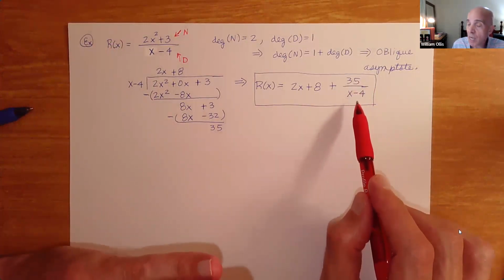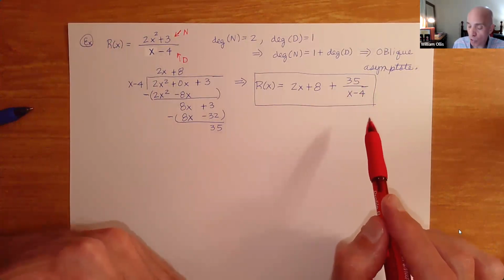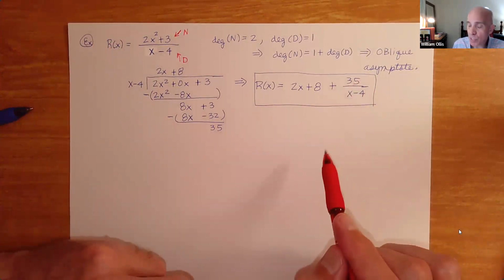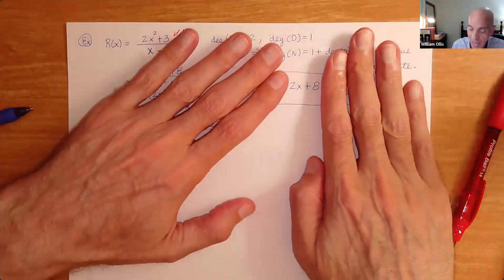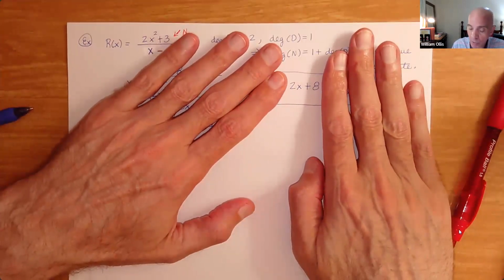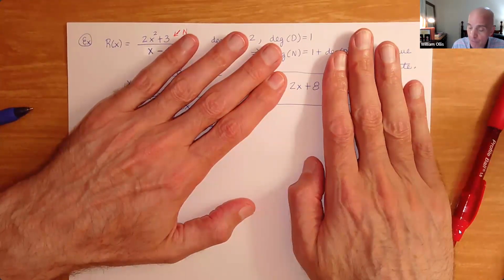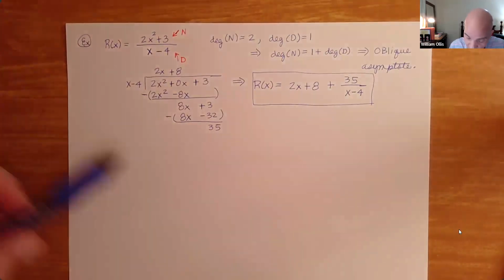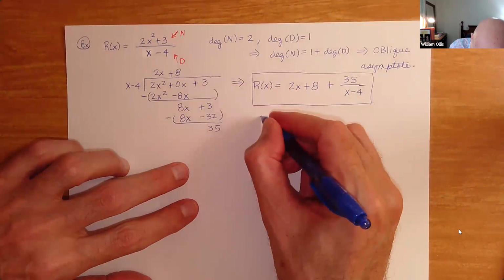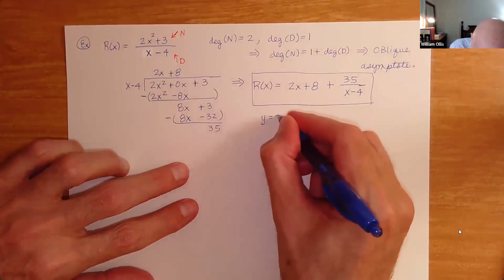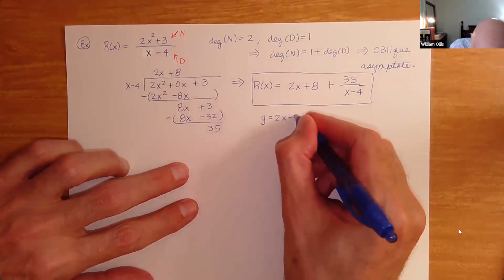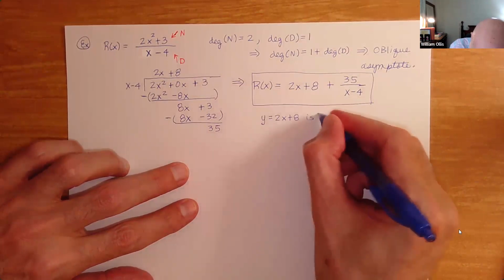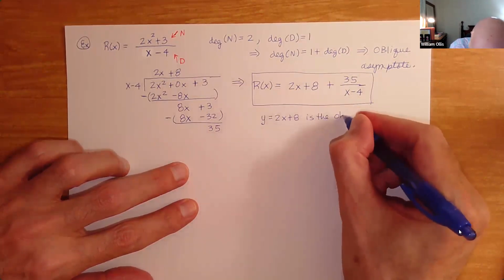And as x gets very negatively large, this will also converge to 0. So the only thing that really survives is this. So when the values of x are infinite, plus or minus infinity, the function will start to behave like this linear function, 2x plus 8. So this is what we say. Let's write this. So y equals 2x plus 8 is the oblique asymptote.